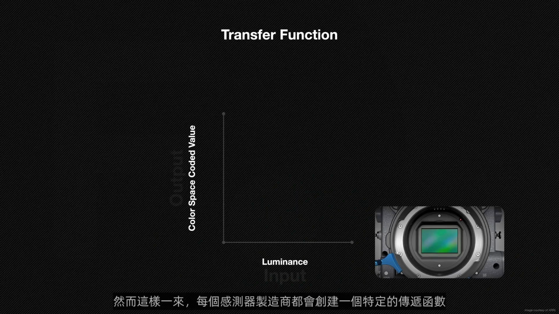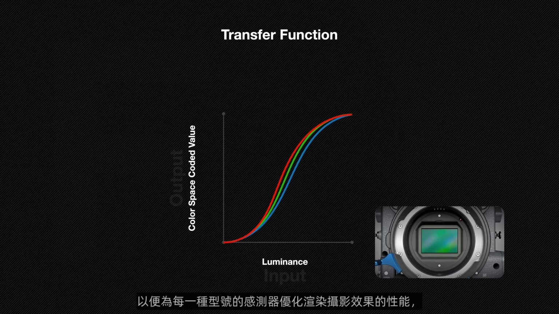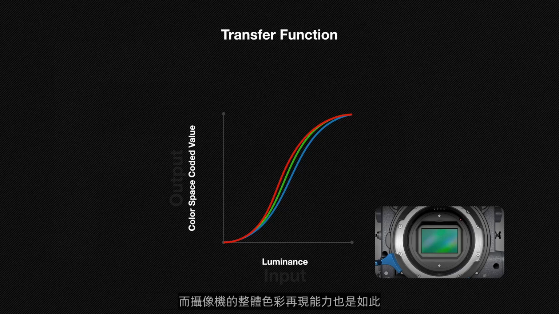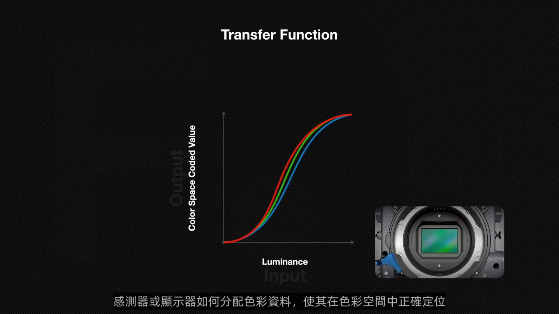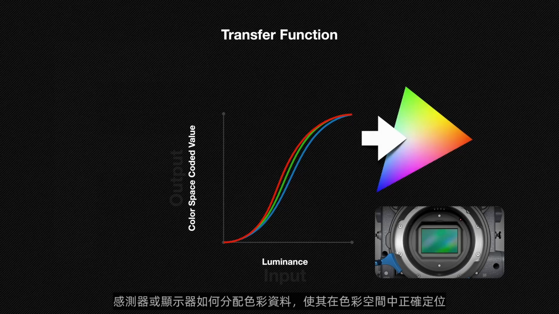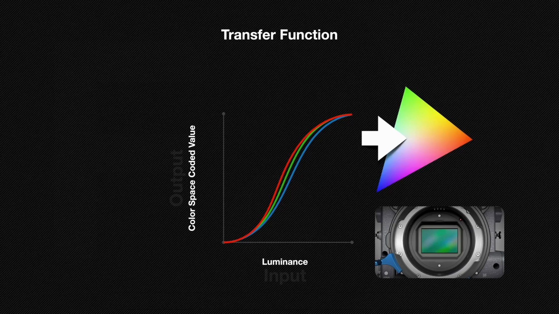So, this way, every sensor manufacturer creates a specific transfer function for every model of sensor to optimize its performance to render photographic results, and so the overall ability of the camera to reproduce color. In other words, how the sensor, or the display, is going to distribute the color data to be rightly positioned within the color space.